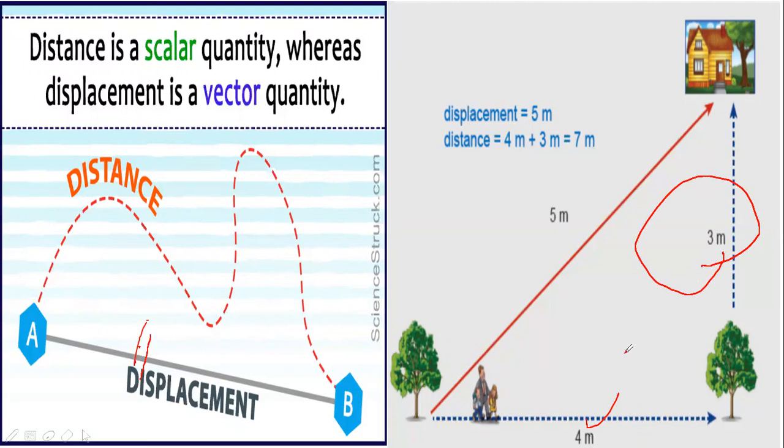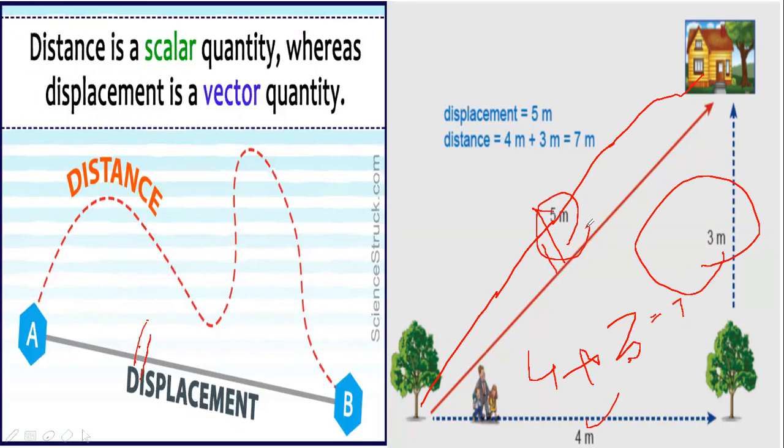So the total distance is 4 plus 3 is equal to 7 meter, and this is the displacement because it is the shortest distance, so it is 5 meter. So distance here is 7 meter and displacement is 5 meter.